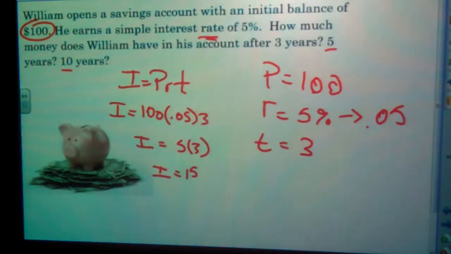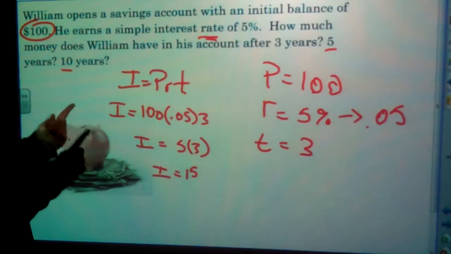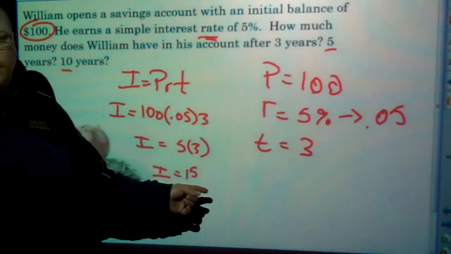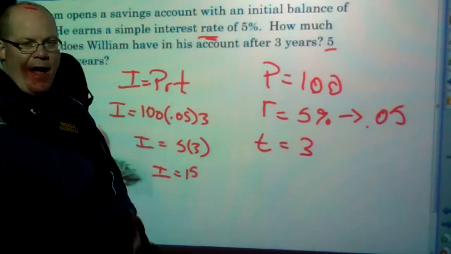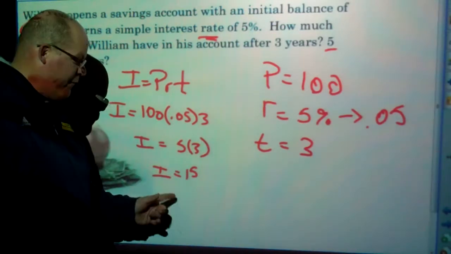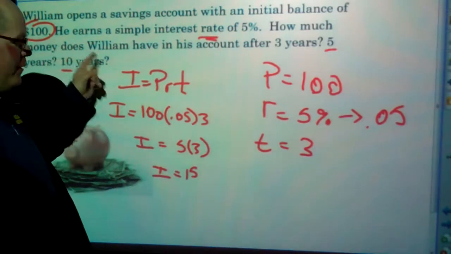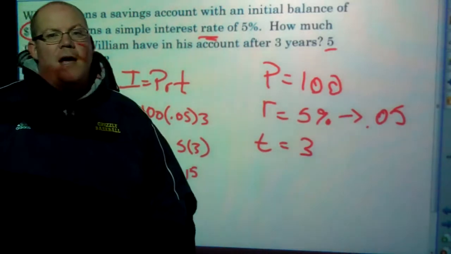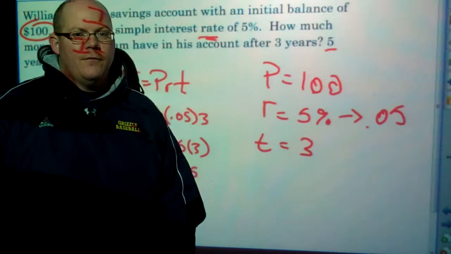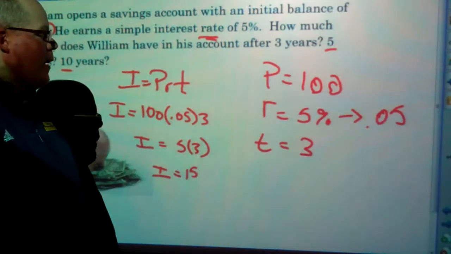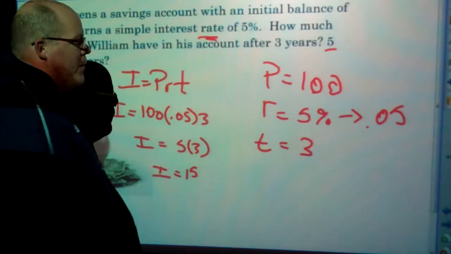My interest is going to be $15. So after 3 years, how much money is William having in his account? Well, if he's earned $15, he doesn't have $15 in his account. He has $15 plus the original amount of money that he started with. So how much money would he have in his account? He would have $115.